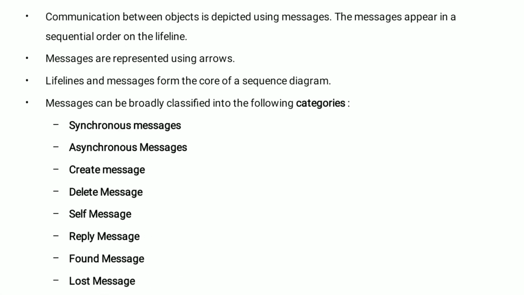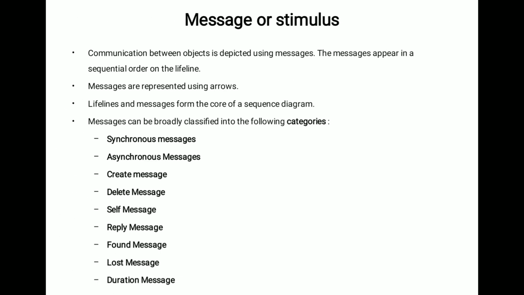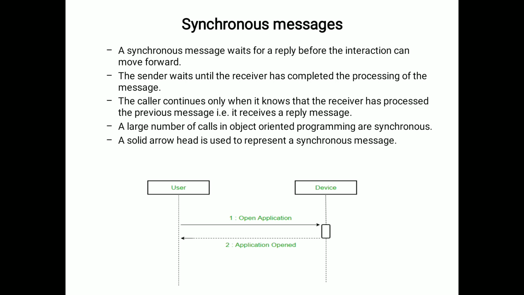Messages can be broadly classified into the following categories. Now see, here the categories of messages are shown. So first is the synchronous message, asynchronous message, create message, delete message, self message, reply message, found message, lost message, duration message. Now the very first is the synchronous message.